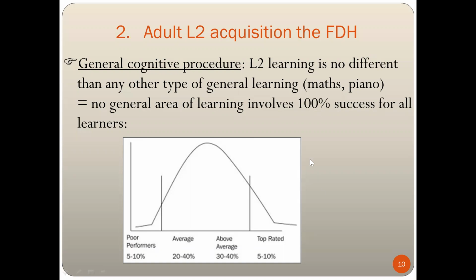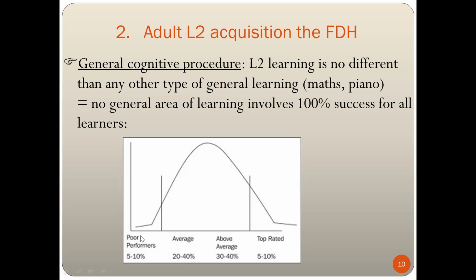And the vast majority of learners are somewhere in the middle, which gives us this famous bell-shaped curve of achievements. Okay, and this bell-shaped curve of achievements holds for the learning of maths or chemistry or history or piano. And the situation in second language learning is 100% the same.